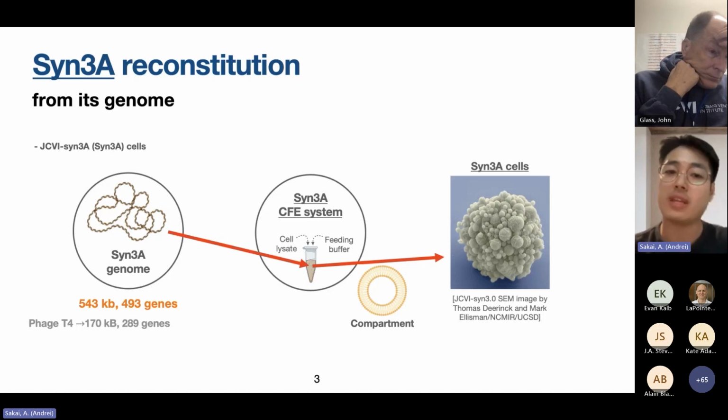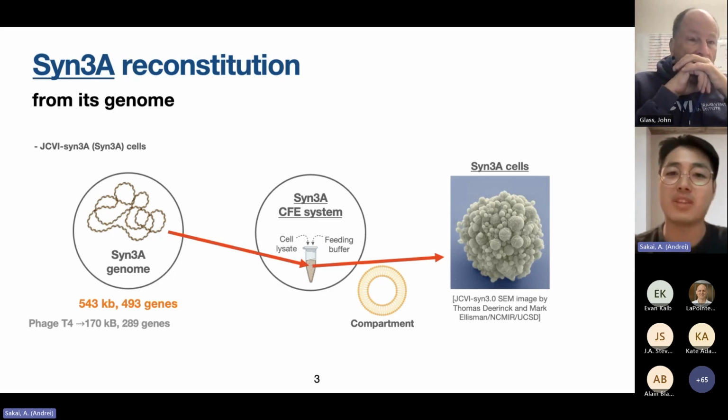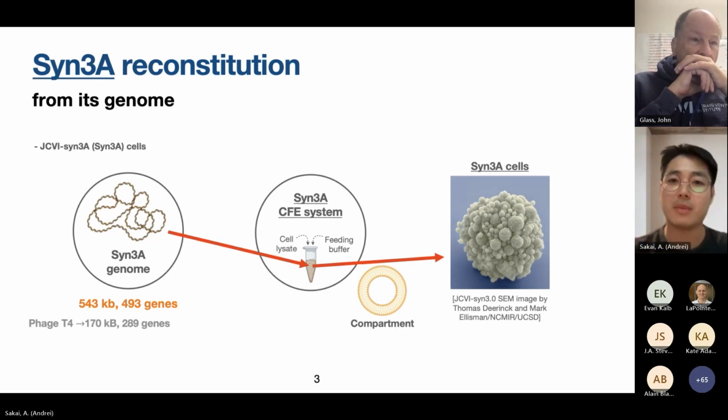Another complication is that we also have to encapsulate all this genomic DNA with the cell-free expression system into liposomes and make that system stable. And another complication is that our current cell-free expression system based on syn3A is not as efficient as E. coli, for example.